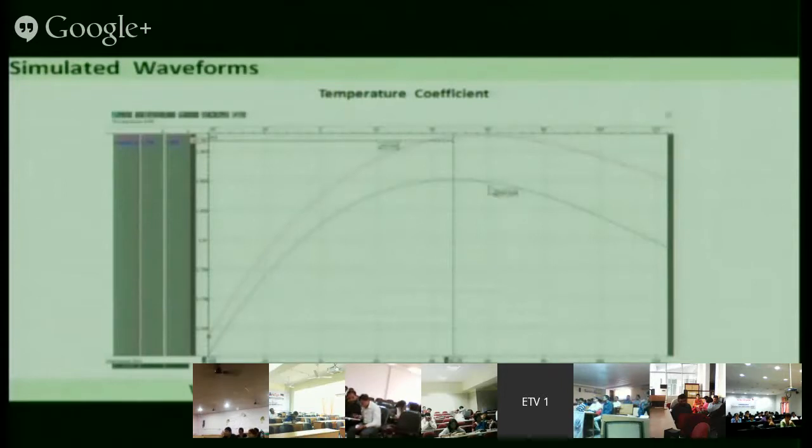This line is with no load, this is the no load curve. From here you can see that from minus 40 degree, as the temperature increases, the voltage is also increasing till some temperature, which is 54 or 55 degree, and after that it starts falling.